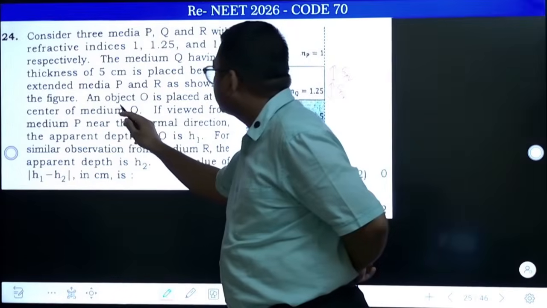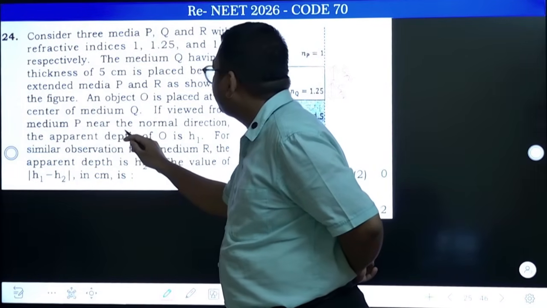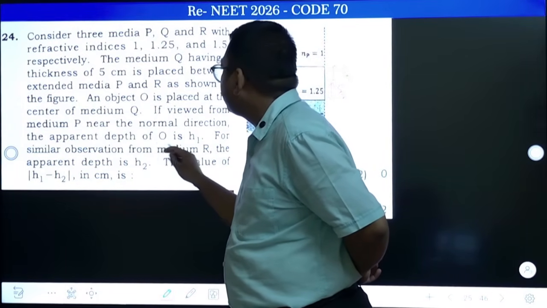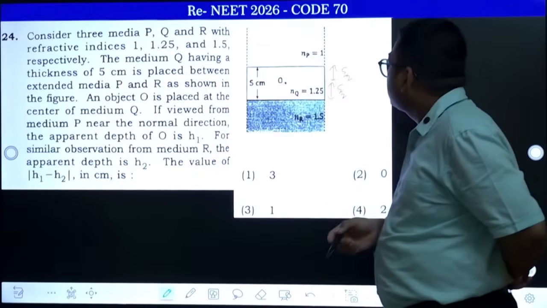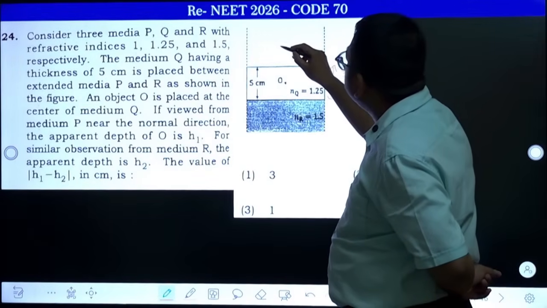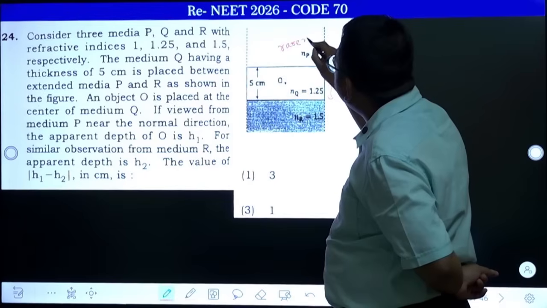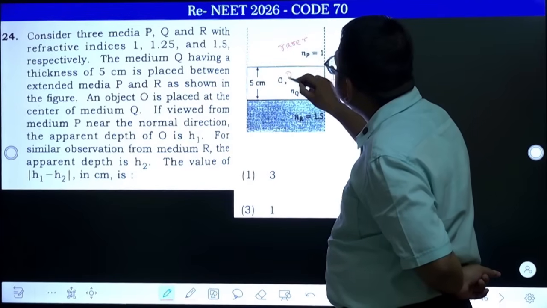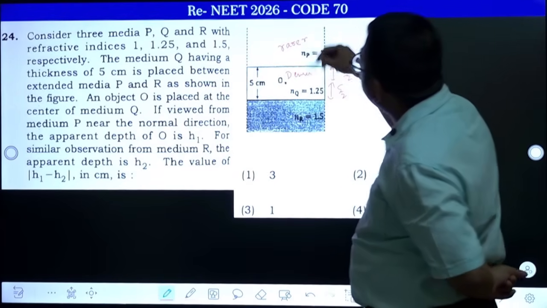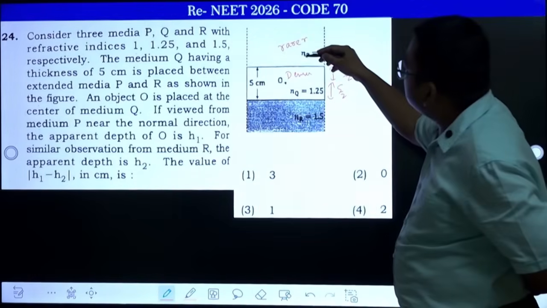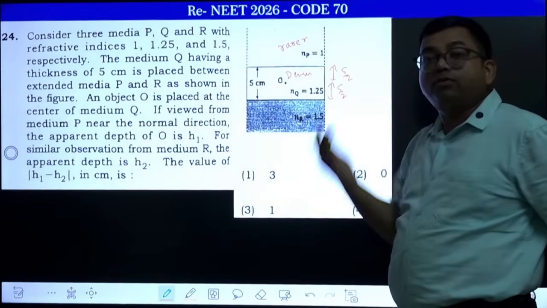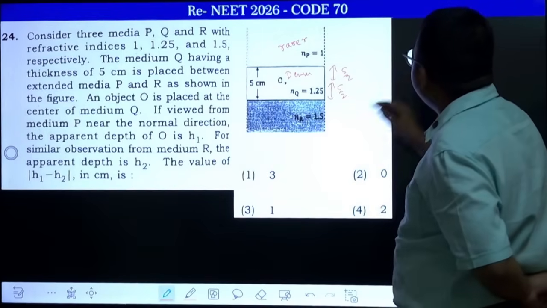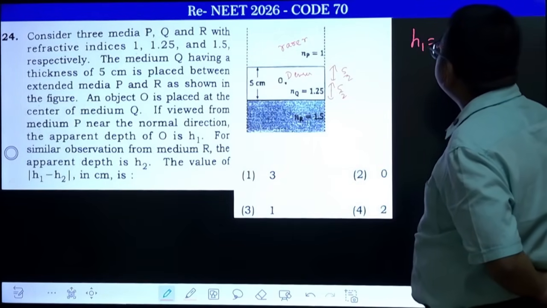Okay. If viewed from medium P near the normal direction, apparent depth of O. We need to calculate apparent depth. See, this is rarer medium, and this one denser, right? So when you are taking this side, this is rarer, this is denser. So it shifts towards that, right? So the height h1 we can calculate.